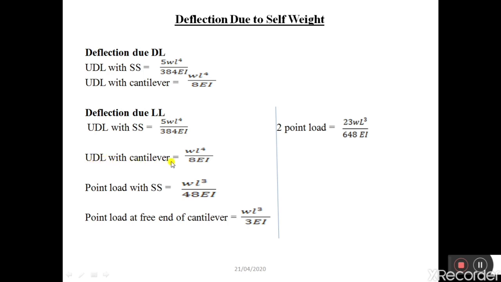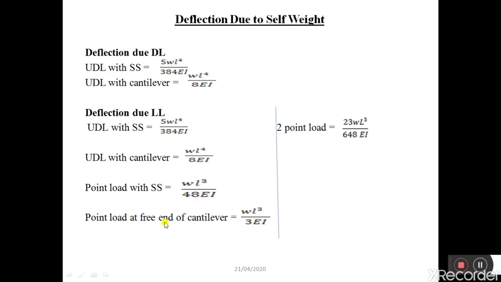Then the formula to calculate the deflection is WL to the power 4 by 8 EI. Suppose a member is a simply supported beam, and the live load which is imposed on that member is a concentrated load or a point load, then the formula to calculate the deflection of that member is WL³ by 48 EI.